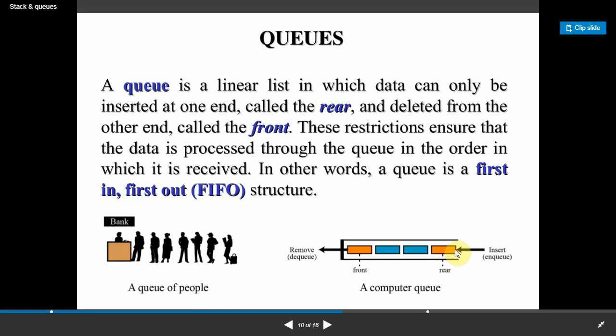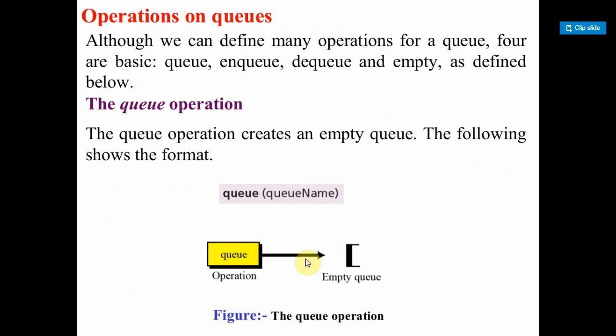At the same time, whenever you want to remove any element, it will be deleted from the beginning point, called the front side. The operation of inserting elements into the queue is called enqueue, and the process of removing elements from the queue is called dequeue. Let us see other operations.